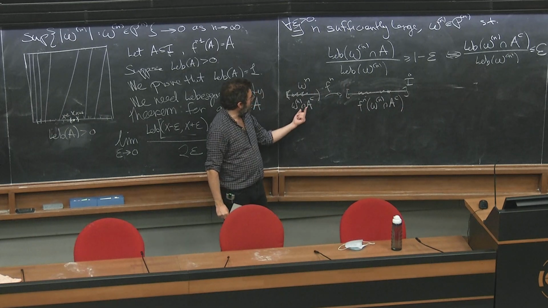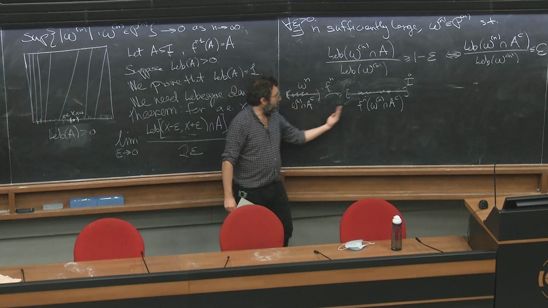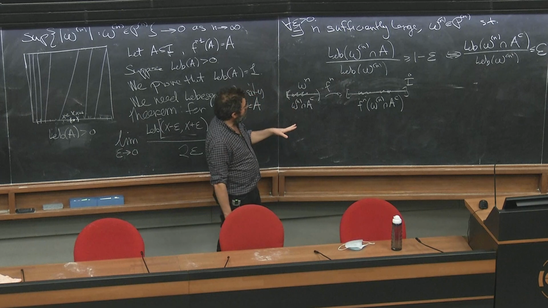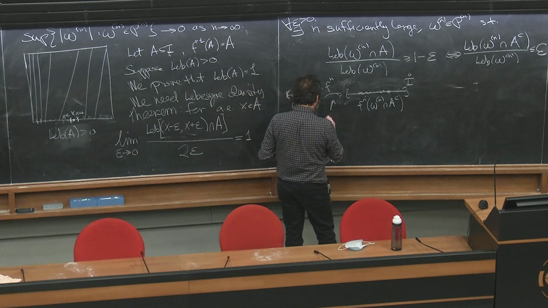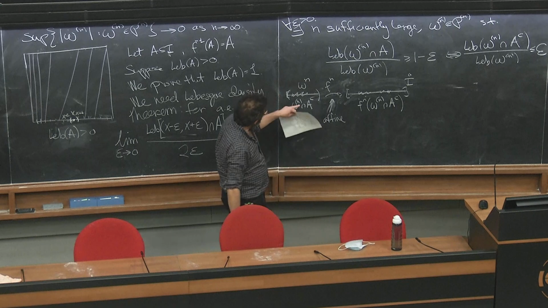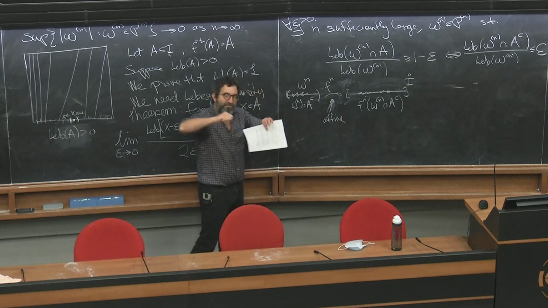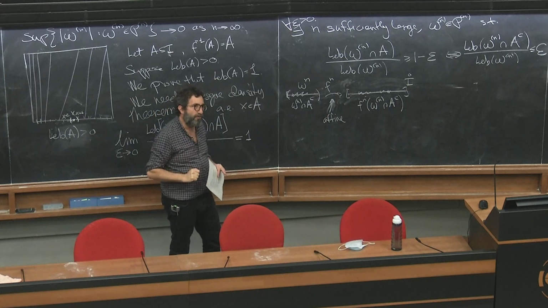This is a subset of omega n, the complement of A intersection omega n. We take the image, and because Fn is affine, then it preserves the ratio between the measures, right? It's affine, so it stretches everything uniformly.